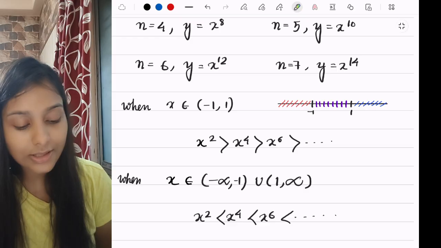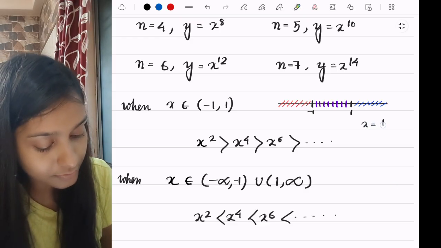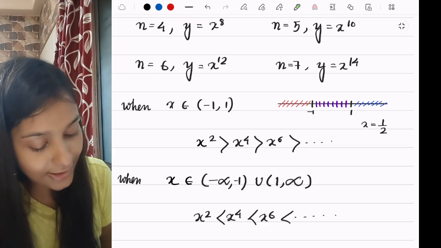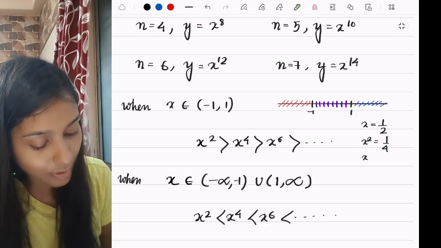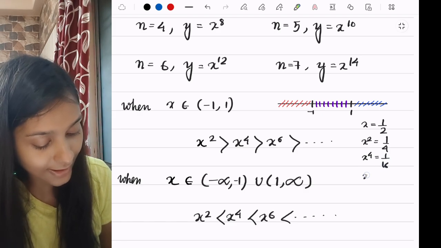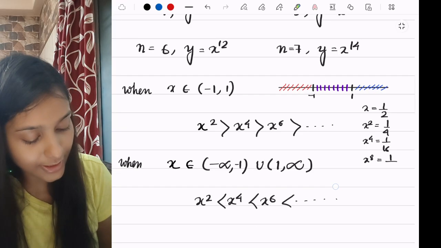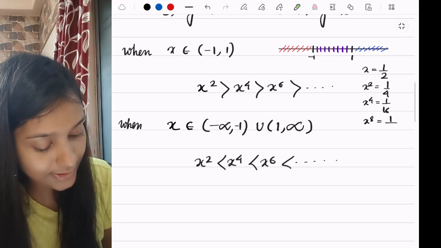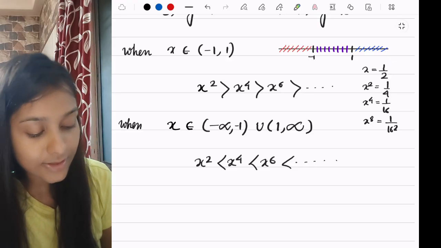If we take an example, x equals half, what do we get? x square will give 1 by 4, x power 4 will give 1 by 16, x power 8 will give 1 by 16 square, that is 256, and so on.